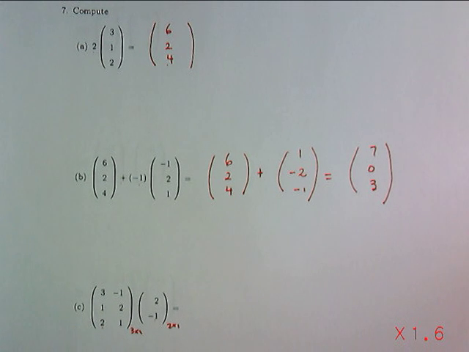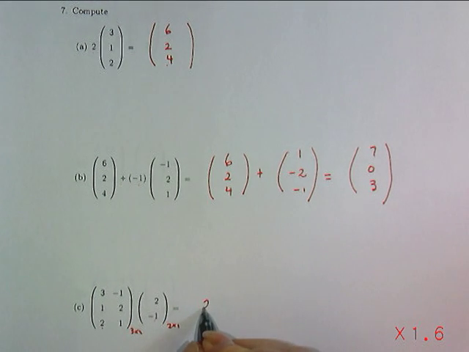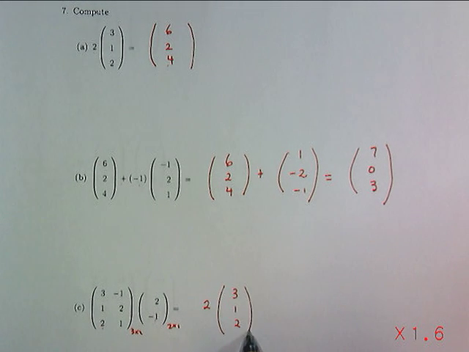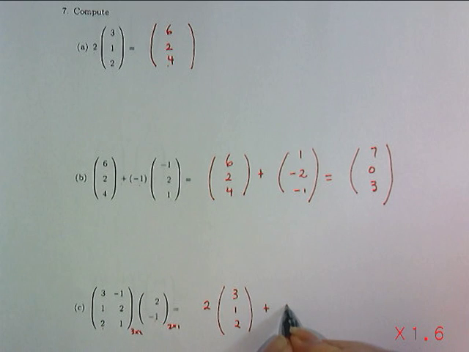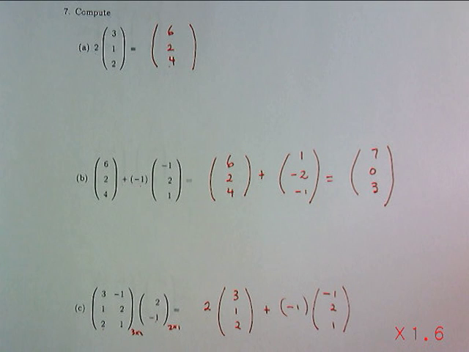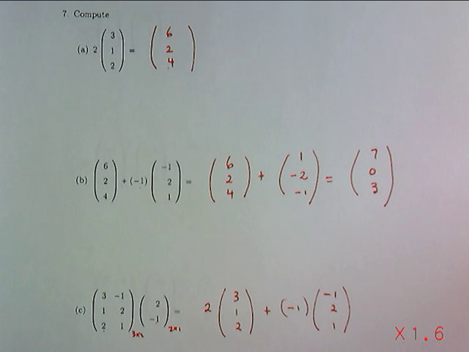One of the things that I notice is that I can take 2 times the vector 3, 1, 2 and add to it negative 1 times the vector negative 1, 2, 1 in order to do this matrix vector multiplication. Why will that be nice?